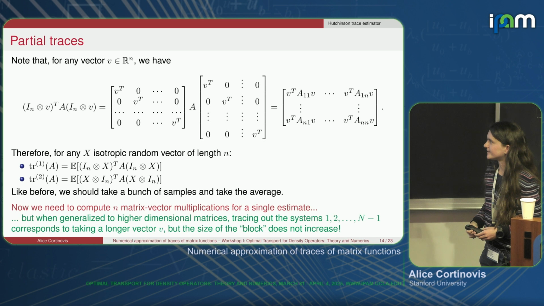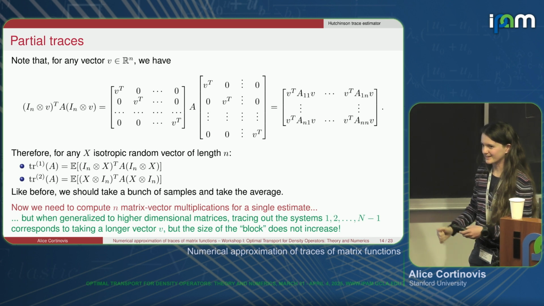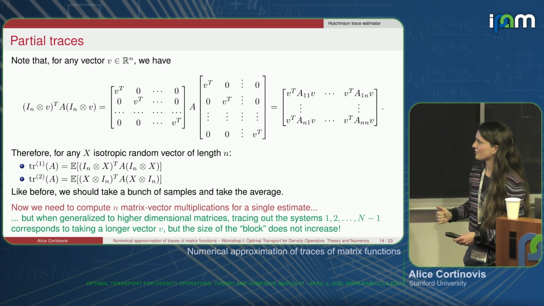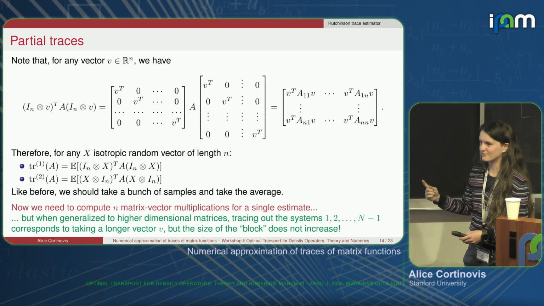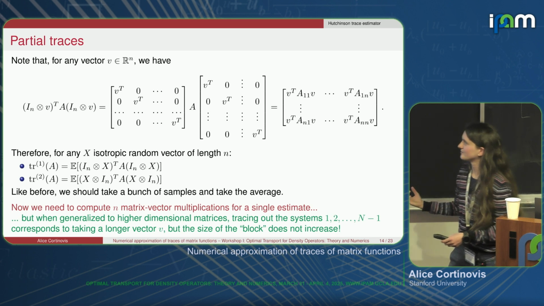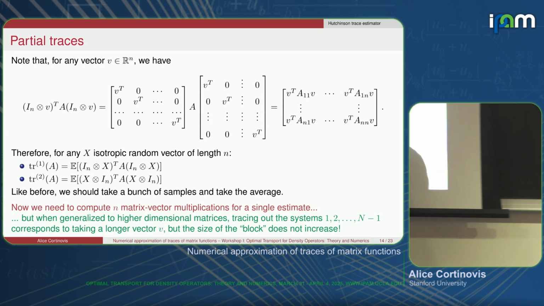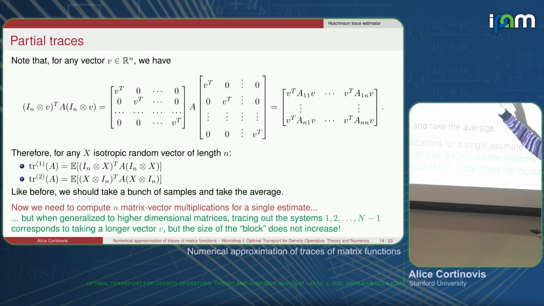Now, of course, there's one bad thing, which is that to compute one partial trace with even one sample, we actually need n matrix vector multiplications, if you wish, to compute A times this guy.